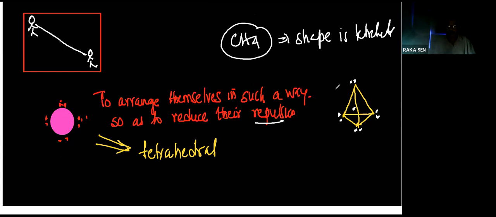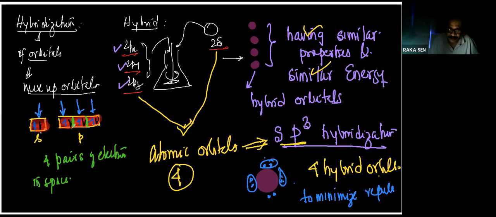And the only way I can explain the shape to be tetrahedral is this. I am no longer using the pure atomic orbitals, but I am using sp3, mixing s and 3p orbitals, so that all of them have similar properties and similar energies. That means they don't have a fixed geometry like they were all perpendicular.